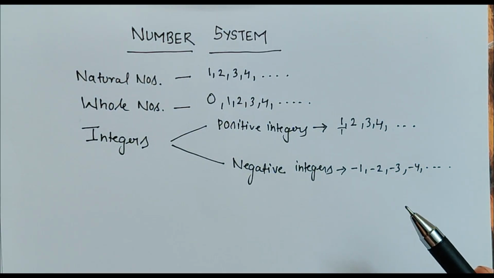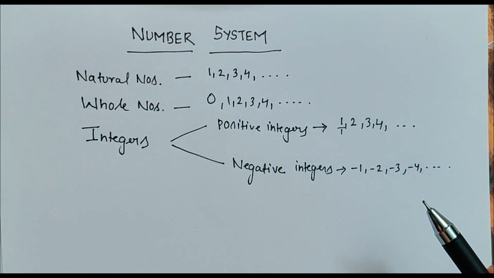Now, are you getting any question in your mind? Are we missing any other number? Are we not focusing on any number which is left out? Yes, that is 0. What about 0? Where will it come? Is it a positive or negative integer? 0 is not a positive integer. Why? Because 0 is null.